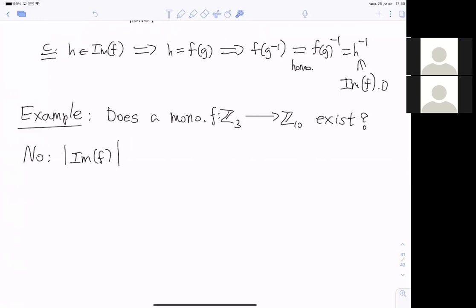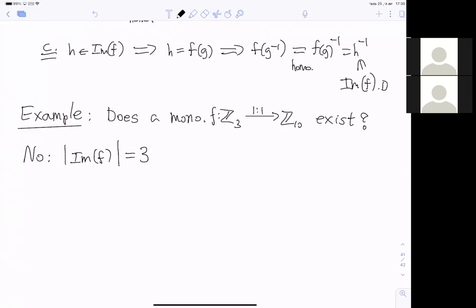If it is injective, every element here goes to its own target here. So what could be the order of the image? Three. Okay, because any source has its target.